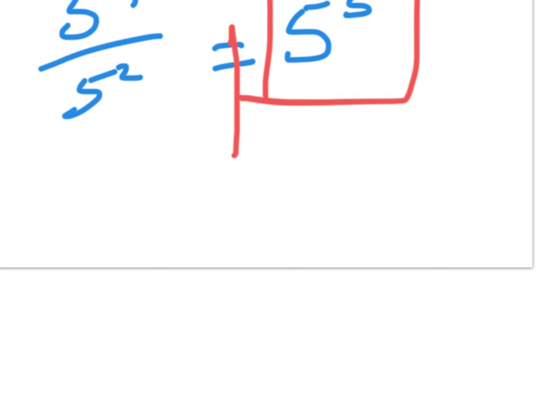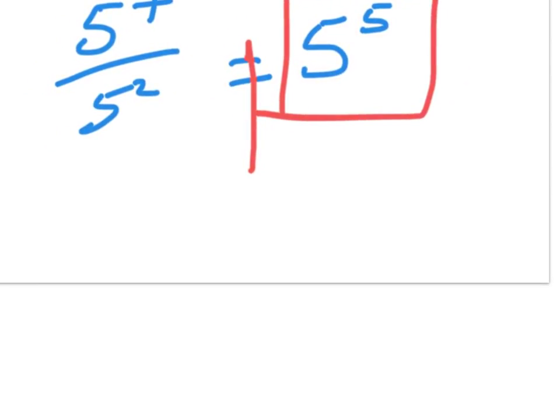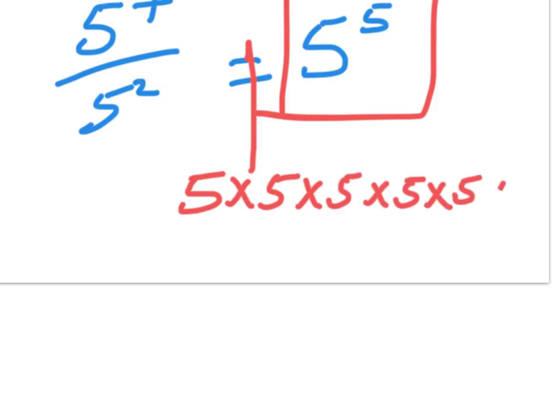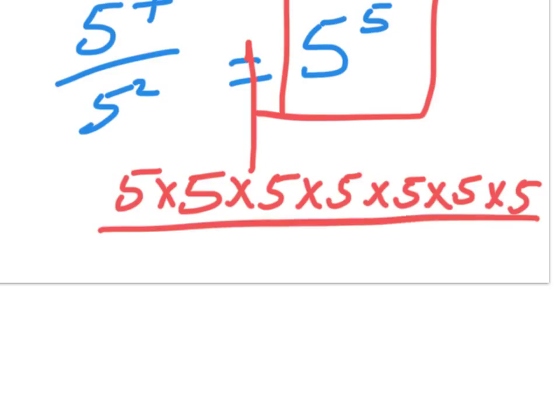Because 5 to the 7 is, hold on until I get this right, 5, 2, 3, 4, 5, 6, and I'll put the 7th one at the front here. That's 5 to the power of 7. 5 to the power of 5 on the bottom. Remember I said if I had 5 divided by 5, they just leave you with 1, they cancel each other out. Another 5 divided by 5 leaves you with 1, so they just cancel each other out.